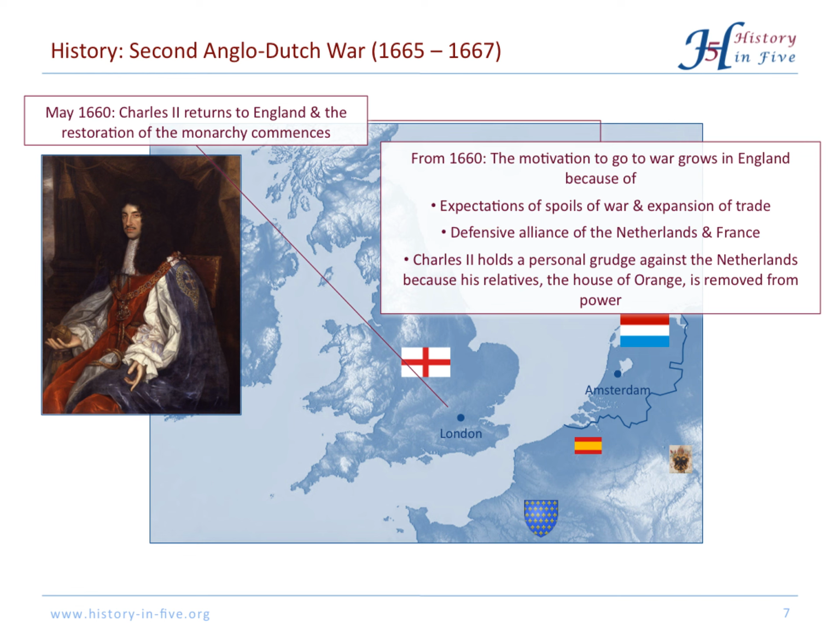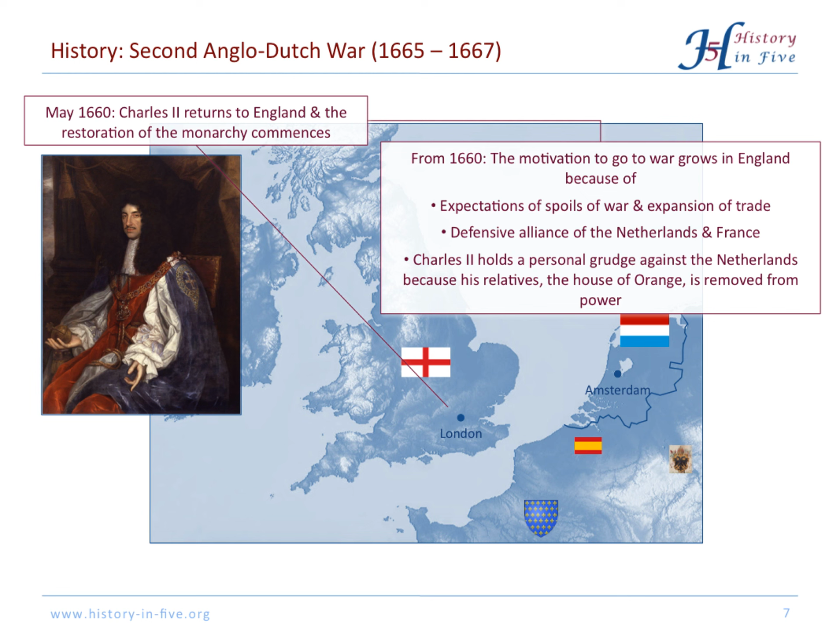In England, from 1660 onwards, there was a motivation again to go to war. The English were hoping for spoils of war and extension of their trade. Furthermore, the Netherlands had a defensive alliance with France. That's not good when dealing with England.